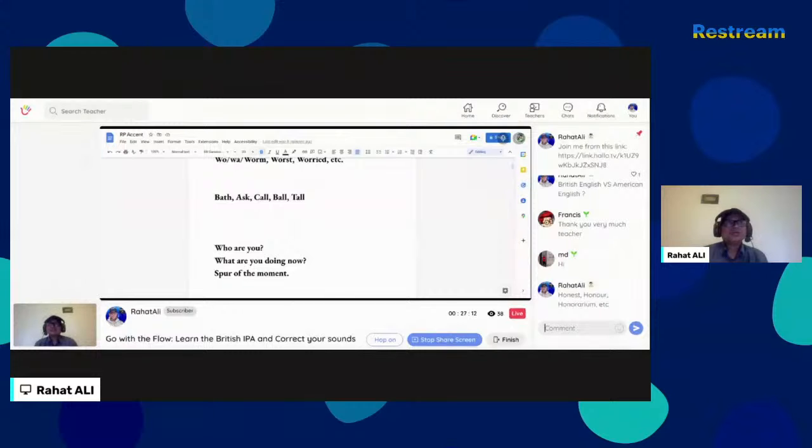Now you can see pronunciation, there is R sound because after R there is vowel sound. But you can see when I'm saying water or father or mother, sister or brother, there is no R sound at all because I'm trying to pronounce them with the RP accent. RP or modern RP is the sweetest accent in the UK.